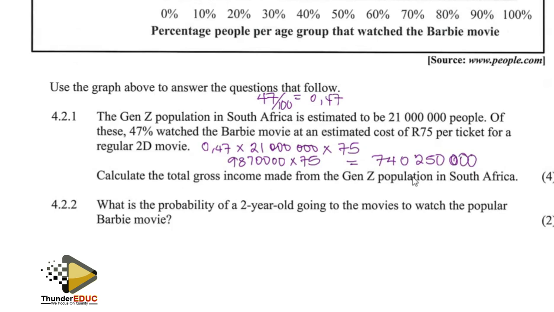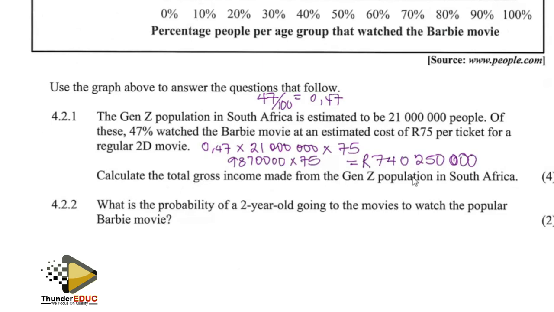The total gross income made is how much they got, which was 740,250,000 rands.